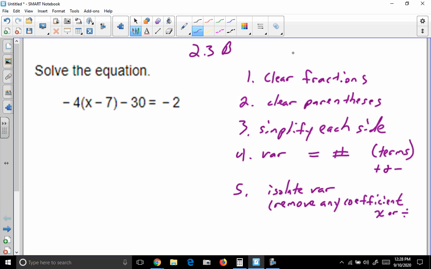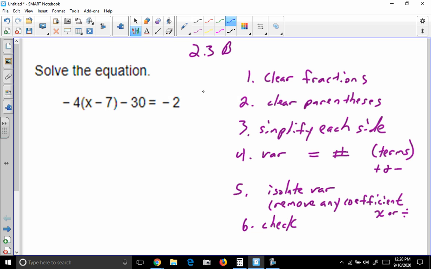So for example, if we have 4x on one side, 16 on the other, to get rid of the coefficient, the opposite of multiplying, we would divide on both sides. Then the last thing we should do is check. Now, we don't always check our work to make sure our solution is the correct solution, but that is a good practice to be in.